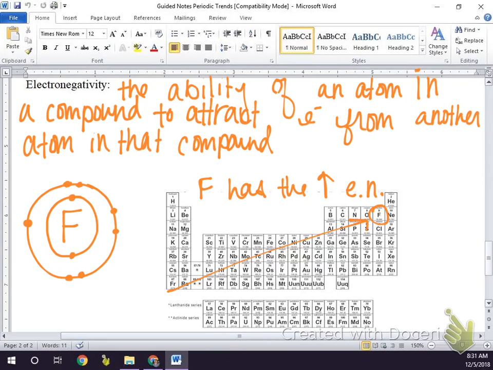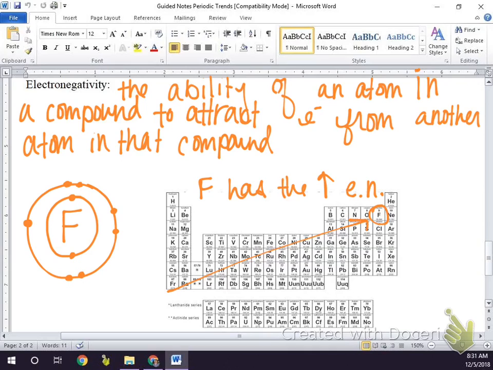Okay? If fluorine has 7 electrons, does it want to give away 7 or does it want to take in 1 more? What's it want to do? To become a complete octet and become completely happy, does it want to take in 1 electron or does it want to get rid of 7? It wants to take 1 in, right? And we talked about that with electron affinity.